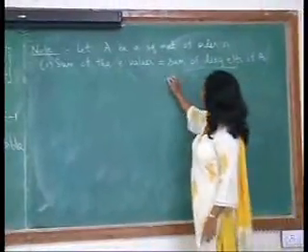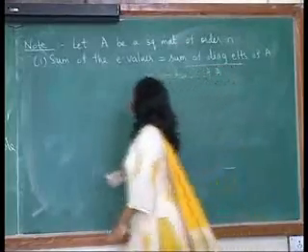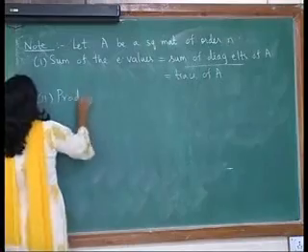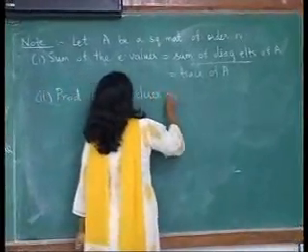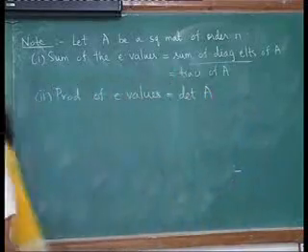The sum of the eigenvalues is also called the trace of the matrix. And product of the eigenvalues is nothing but the determinant of the matrix.